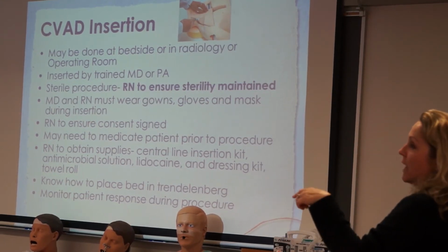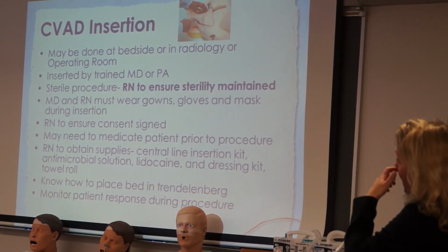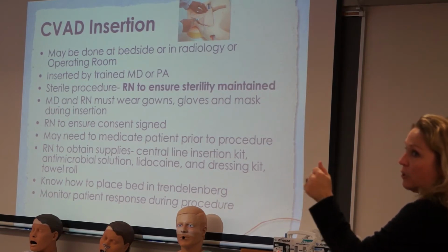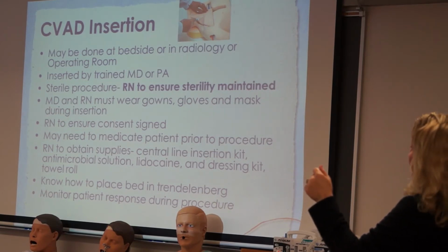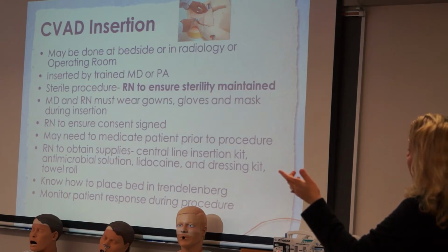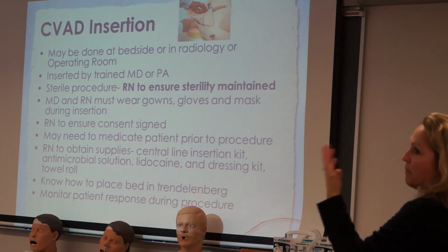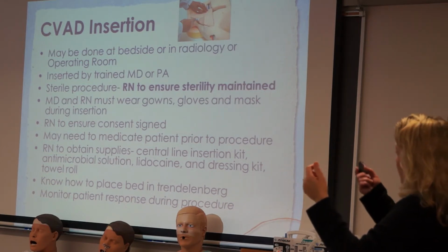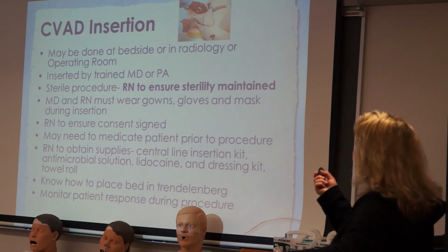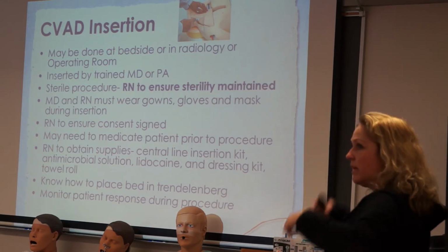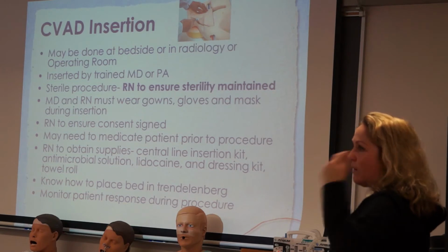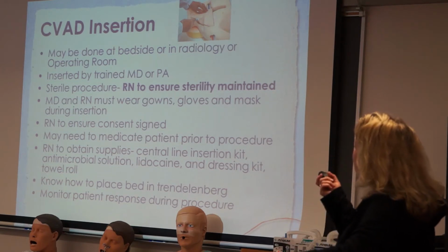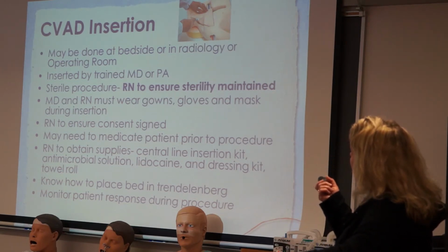And if you need sterile gloves, get your glove size as well, because he may need you to hold something or grab something quick. And then you may have to get a sterile gown, sterile mask, or not a sterile mask, but a mask. But the gown is sterile and the gloves are sterile. And then a hair bonnet to keep your hair out of the way. Lidocaine oftentimes comes in the kit.